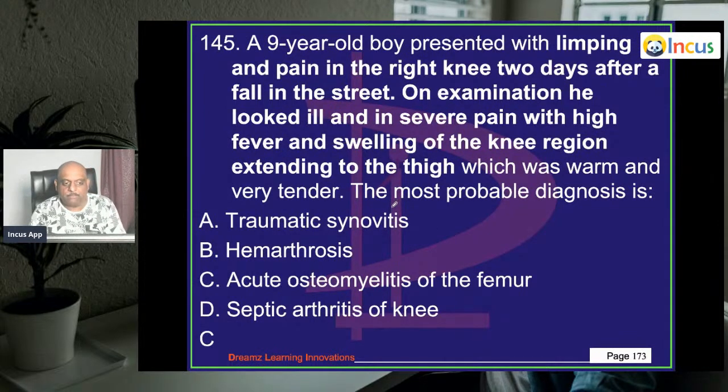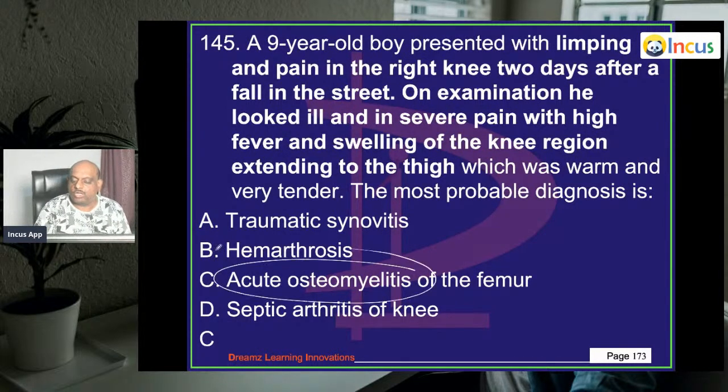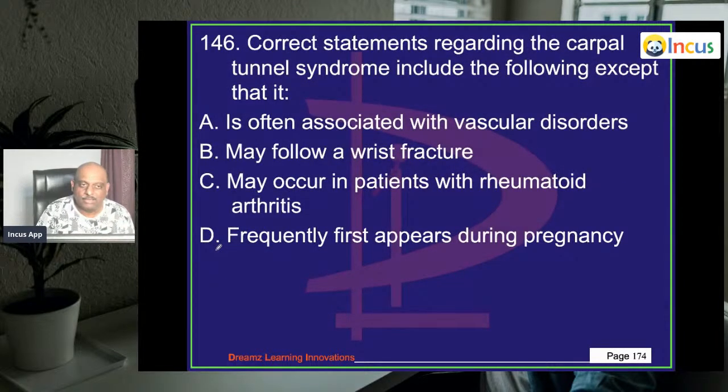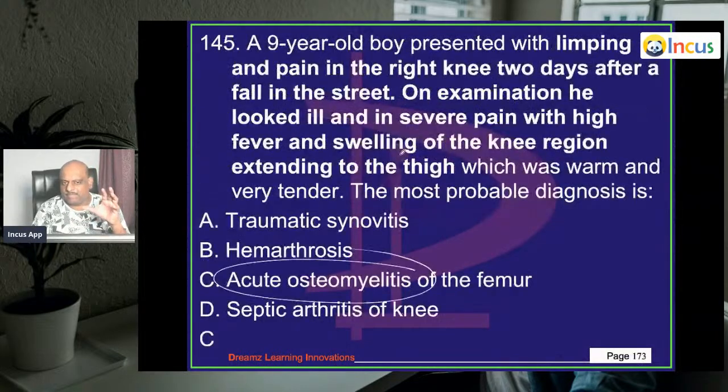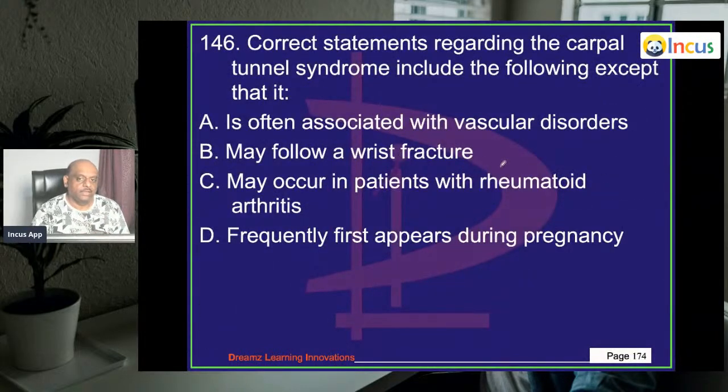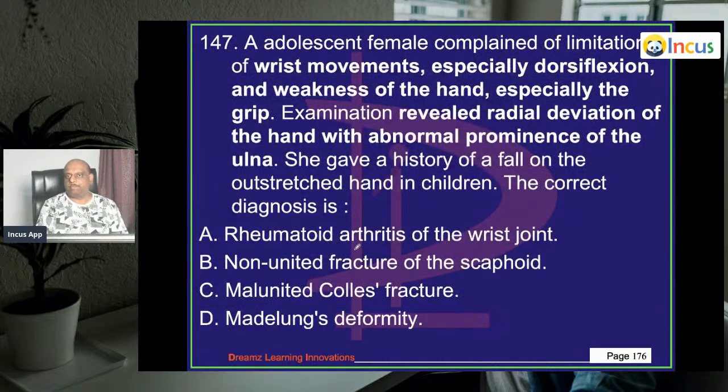So what is the most probable diagnosis? Acute osteomyelitis of the femur. Carpal tunnel syndrome. You should remember, any wrist fracture can lead to the carpal tunnel. Rheumatoid arthritis can lead to carpal tunnel. Pregnancy is one of the etiological factors for carpal tunnel, is what you should remember.